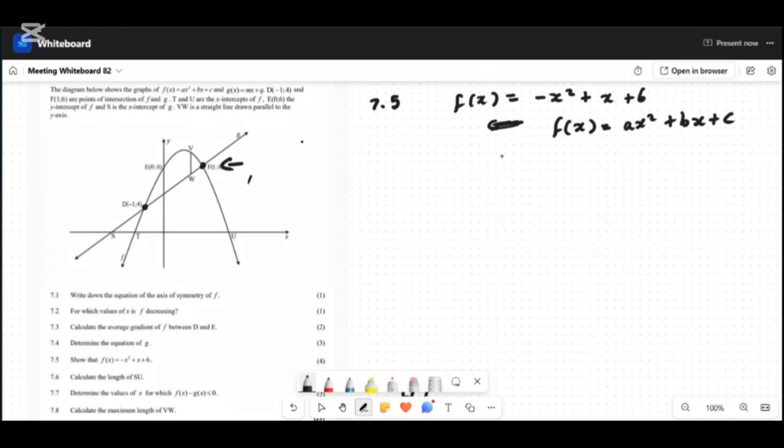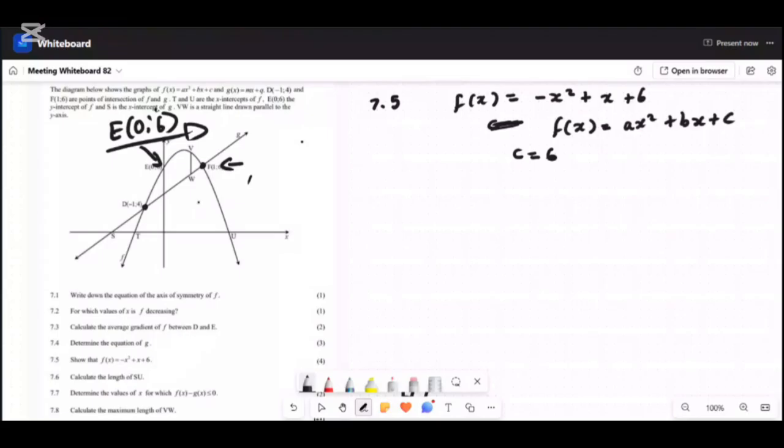I'm very sure that you guys can see that c is equal to 6. When we were doing introduction to functions, I showed you that c represents the y-intercept of your graph. And the y-intercept of the parabola is 6 there. That is point E, which is (0, 6), and that 6 is your y-intercept, right? Then what is left is to find the rest of the variables.